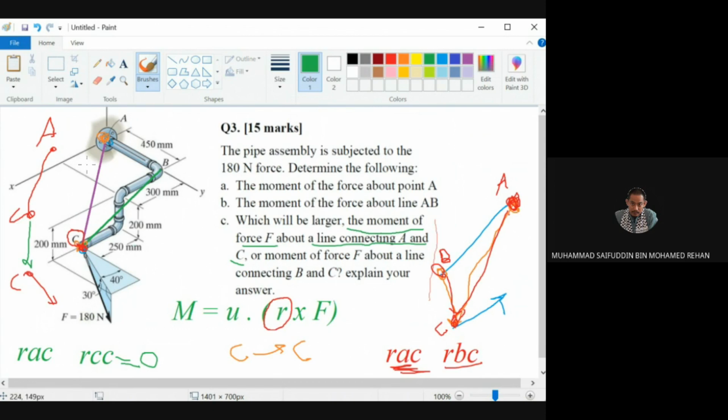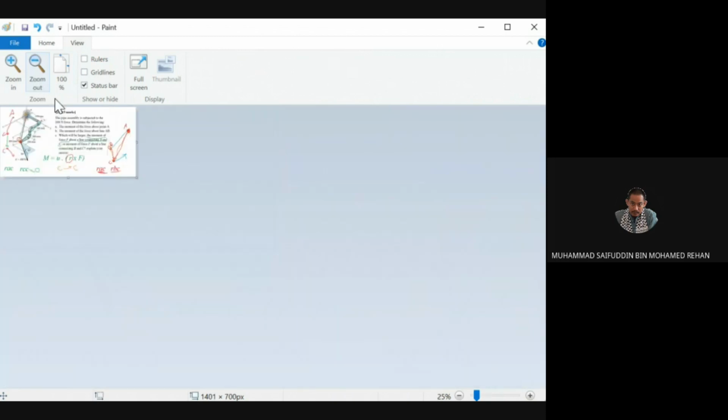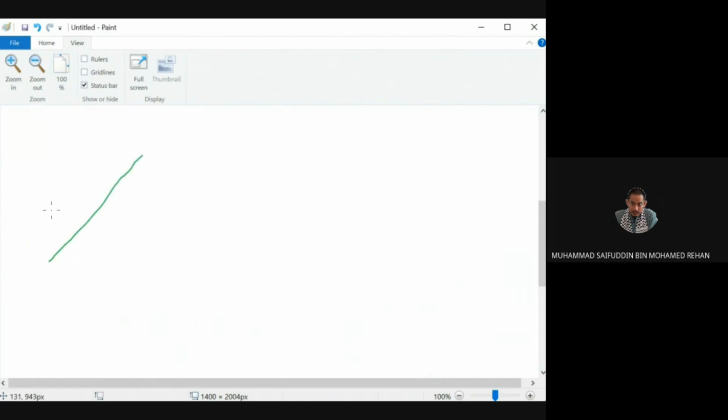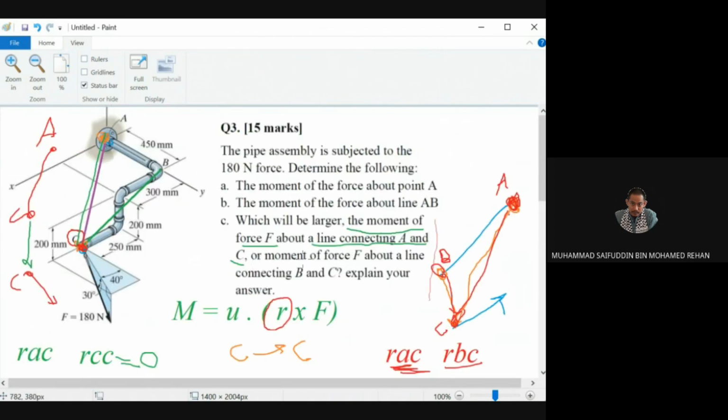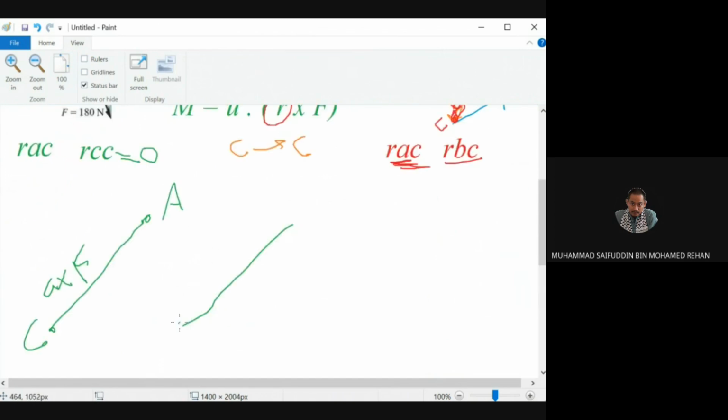Because line A to C is the axis. That one you understand, right? Yes, the axis. So this is the axis, from A to C. And then it also gives another axis, the moment of F about line BC, the line connecting B and C. So BC is another axis.